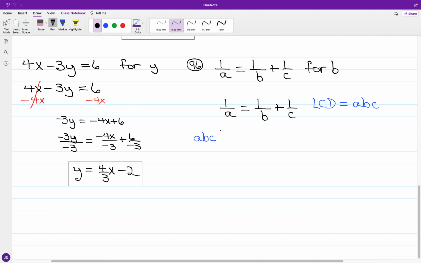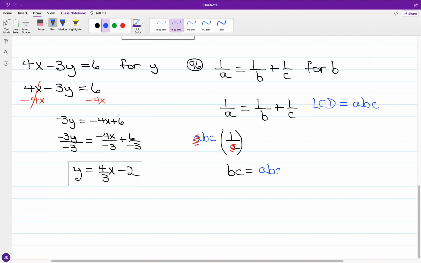So first of all, we have ABC multiplying 1 over A, and here I can get the A's to vanish. So we have B times C on the left, and with the terms on the right.